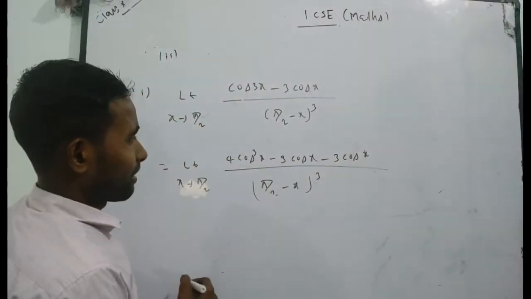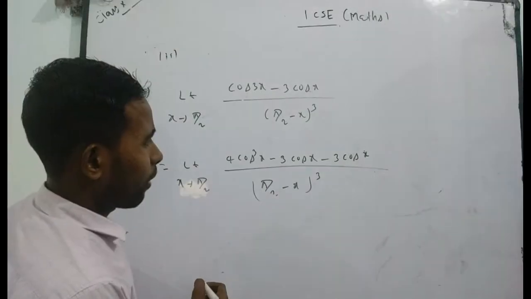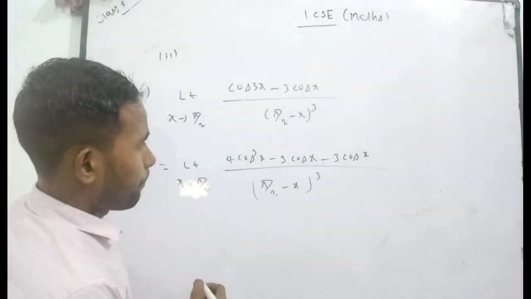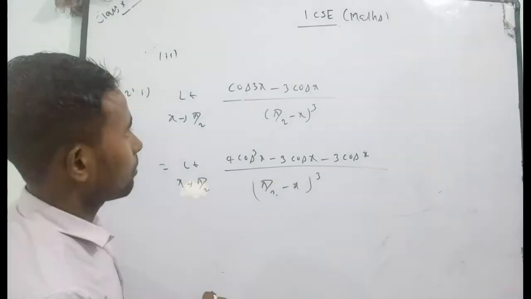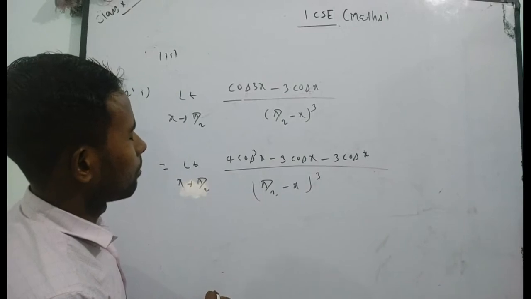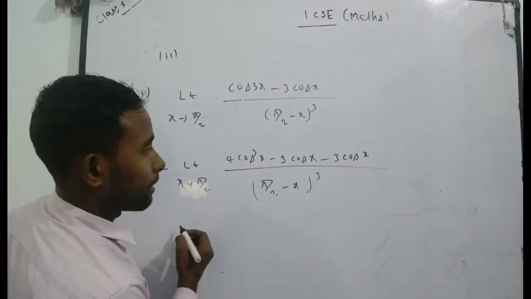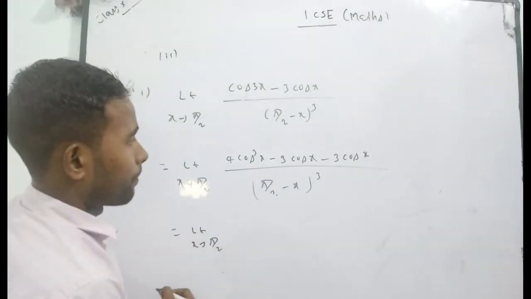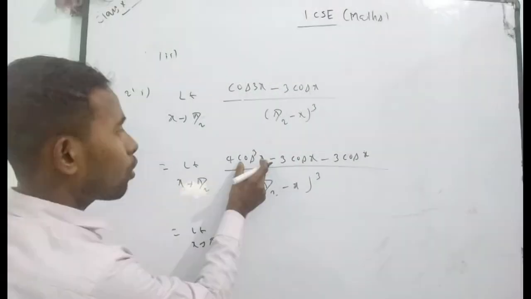Now I want to write one step again. Firstly write limit x tends to pi by 2, and 4 cos cube x.